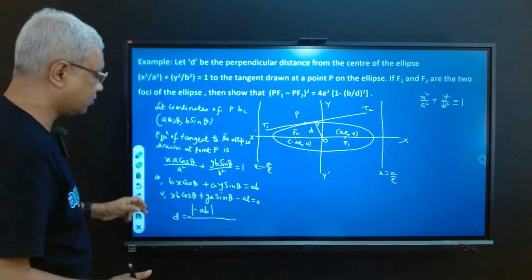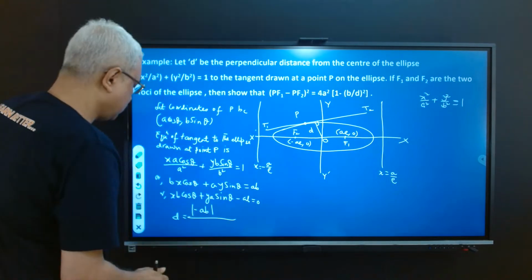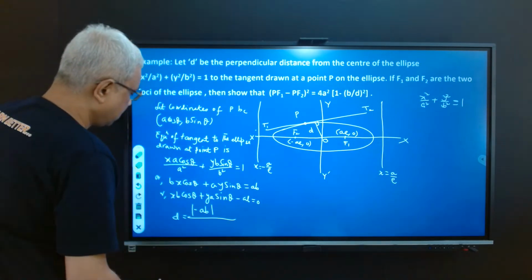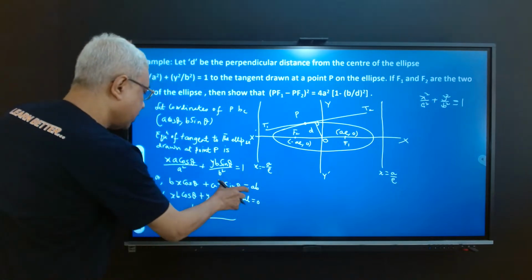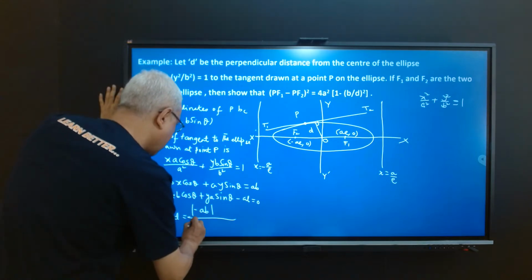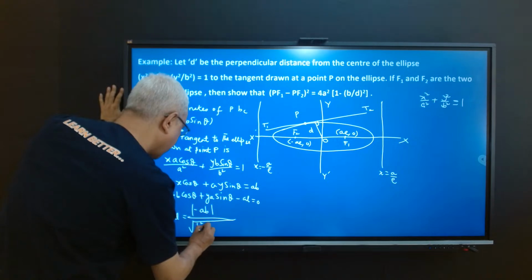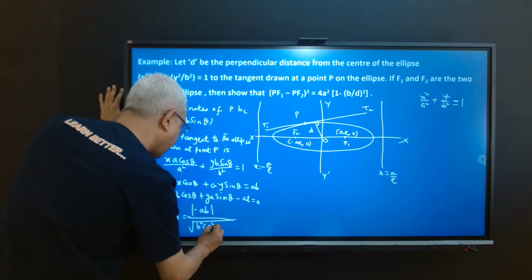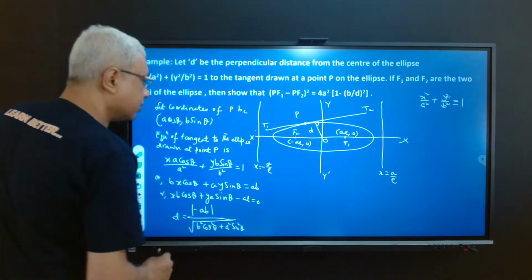So the tangent's equation is this, and if I drop a perpendicular from 0, 0, then this distance D becomes mod of minus ab divided by square root of b square cos square theta plus a square sin square theta.